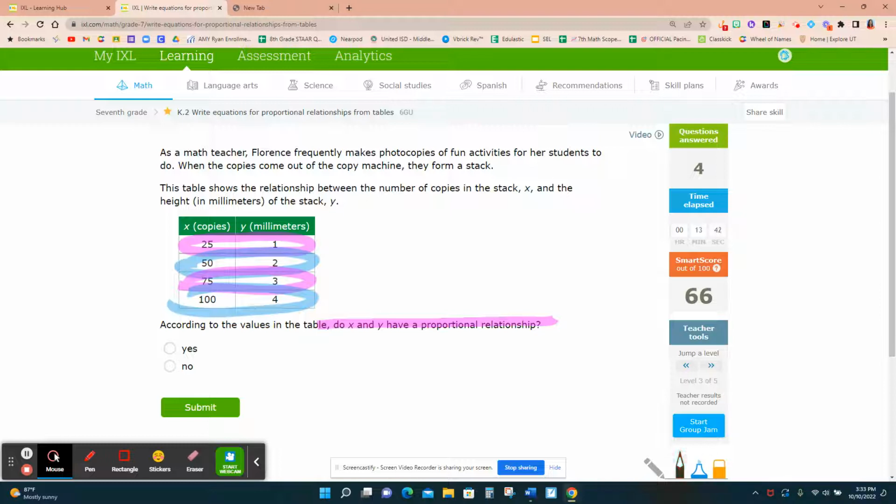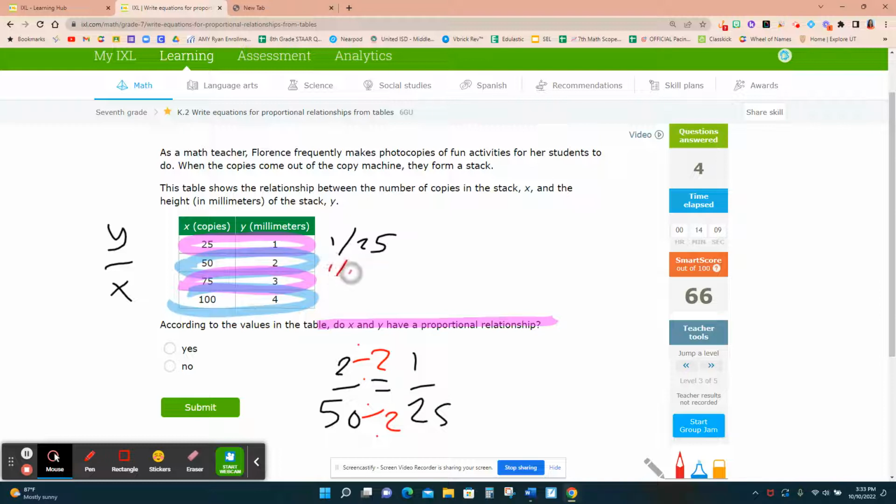So let's do this. You have y divided by x, so 1 divided by 25 is 1/25. And then 2 out of 50, does it reduce to 1 out of 25? Yes, if you divide by 2. So this one is also 1/25. So check and check.